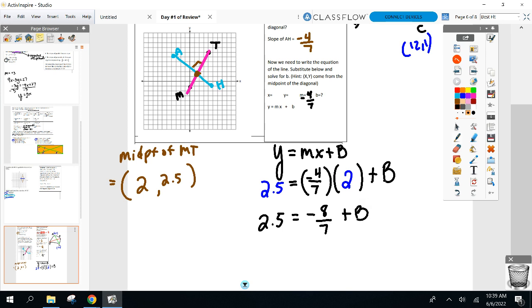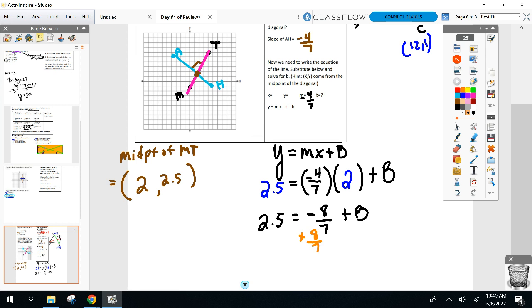And then how do I get b alone? Oh, no, I'm not multiplying by anything. This isn't negative 8/7 times b, it's plus b. So how do I want to get rid of this? Add it over, because it's negative, right?